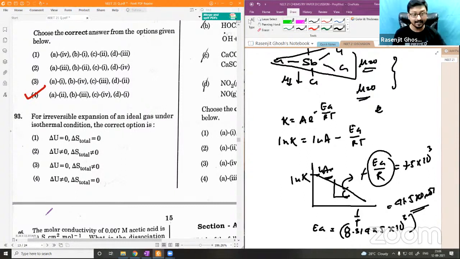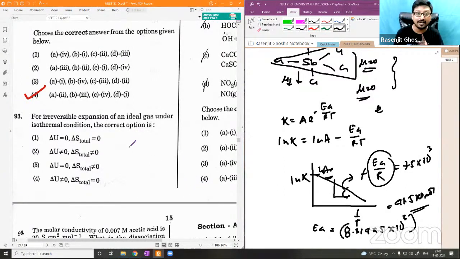Why? Because the internal energy always depends on the temperature. Next, for the irreversible expansion, what we know is that for a reversible process, your delta S is equal to 0, but for your irreversible process, your delta S will be greater than 0, that is not equal to 0.